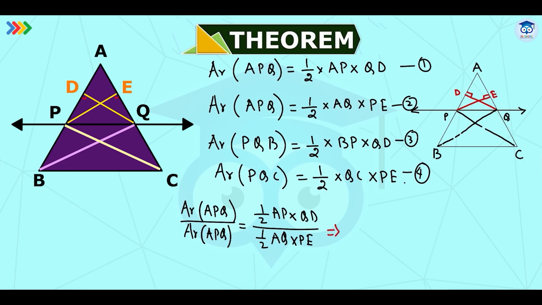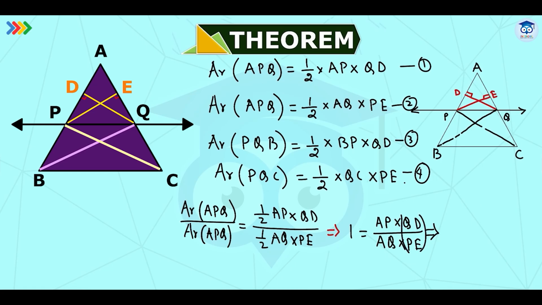So we have 1 is equal to AP into QD, and then AQ into PE. Now we can take this to the other side, and this can be written as this term.